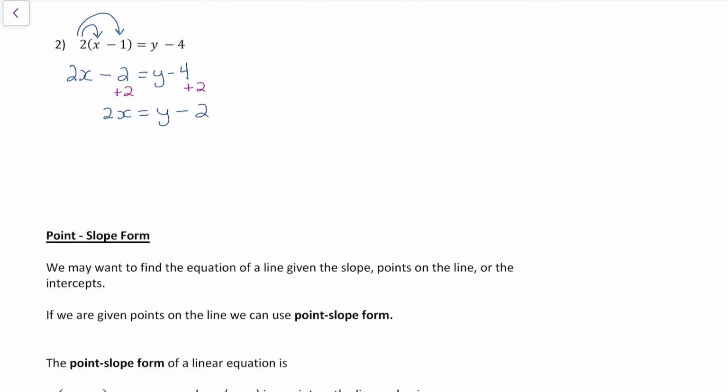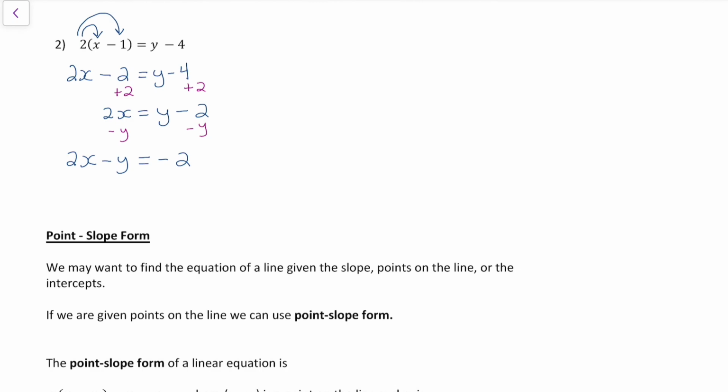And then I'm going to bring my y over to the other side by subtracting y from both sides. And so I get 2x minus y equals negative 2. And again, this is in true standard form because we have whole numbers and our first number is positive.